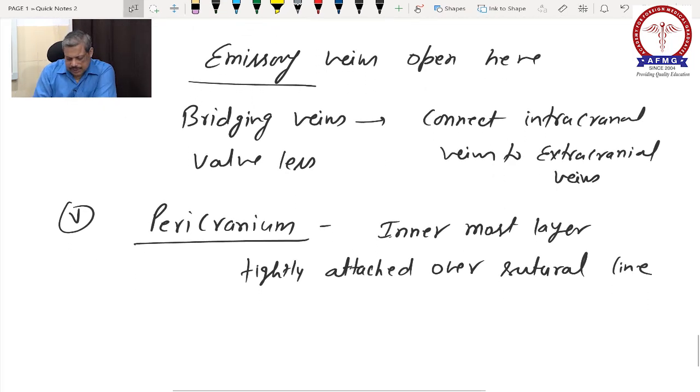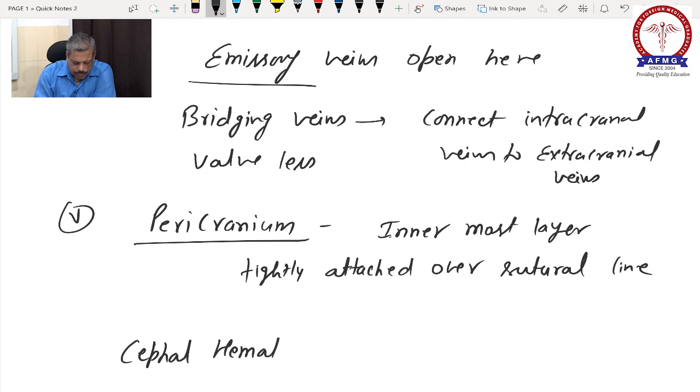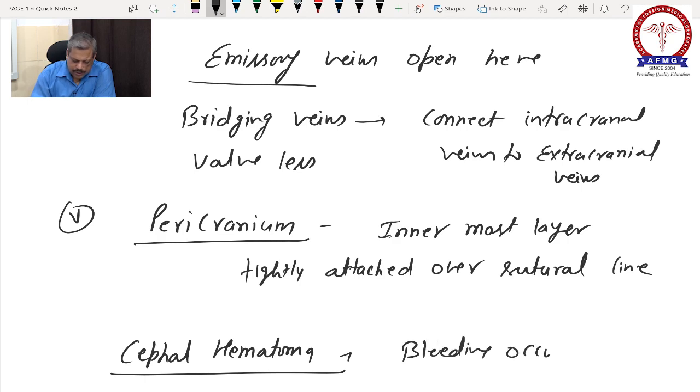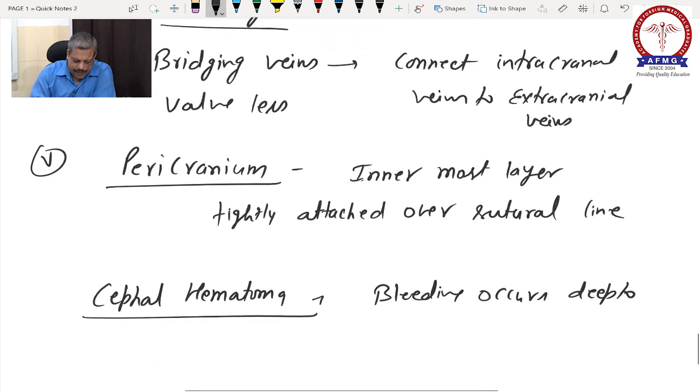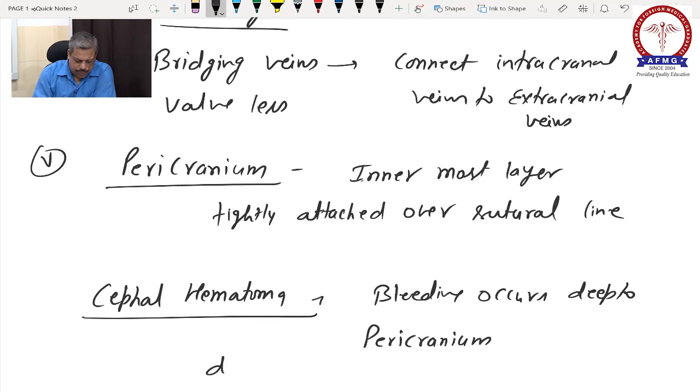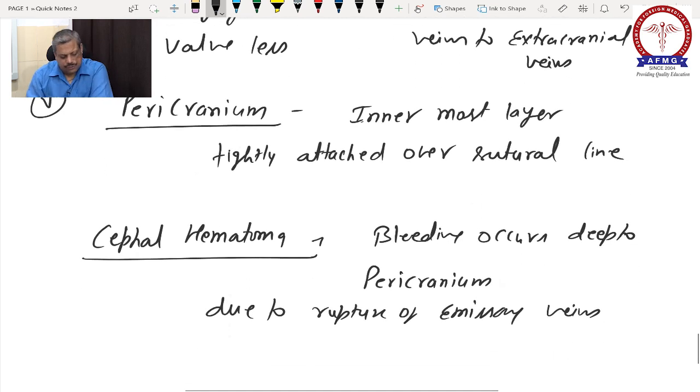Now there are two conditions in the scalp. Number 1 is the cephalhematoma. What happens here? Bleeding occurs deep to the pericranium. Then it causes cephalhematoma due to rupture of emissary veins.